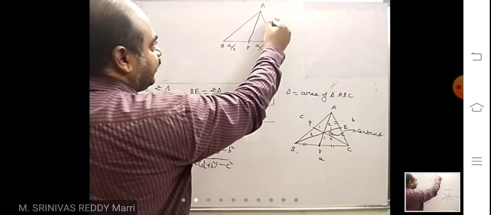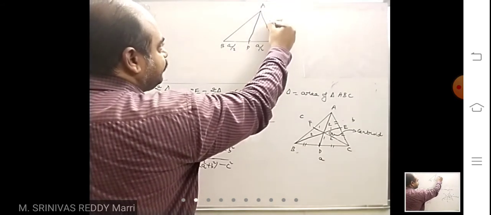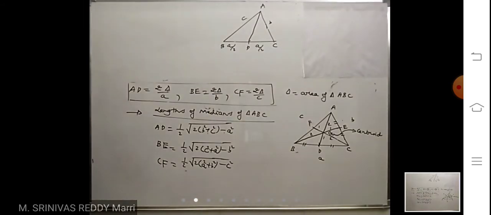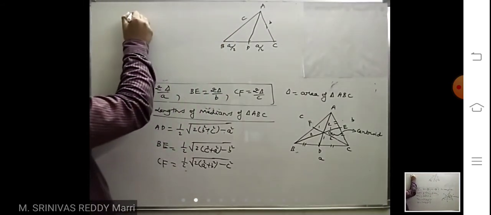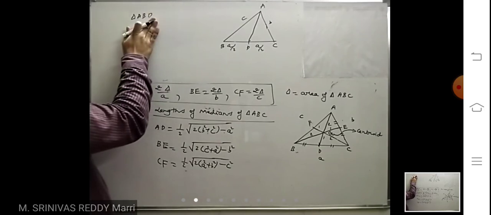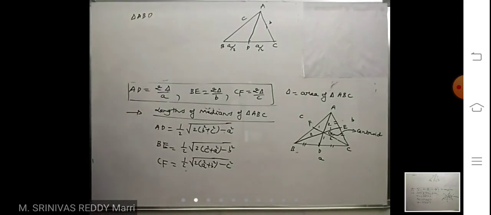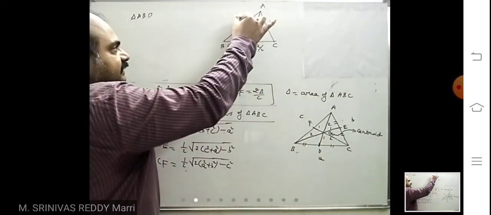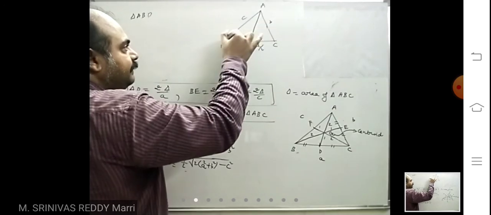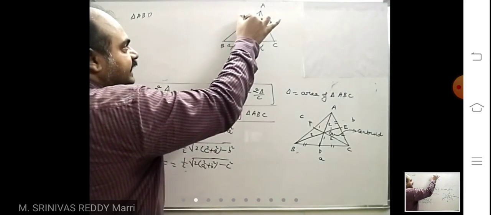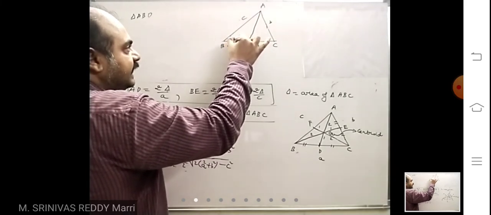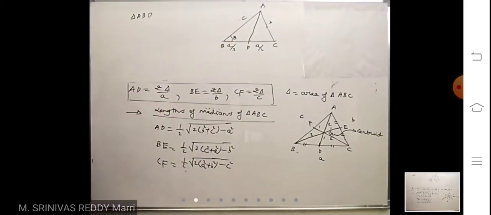This complete side is A. This is nothing but B, this is nothing but C. Now look at triangle ABD. Only this triangle you look at. This side you know is C, this side you know is A by 2. In between them there is an angle. Let us say this is angle B.